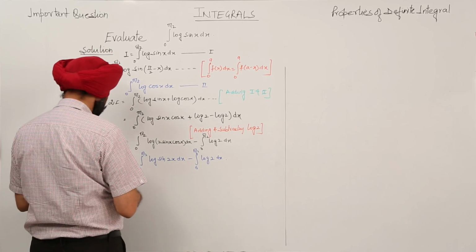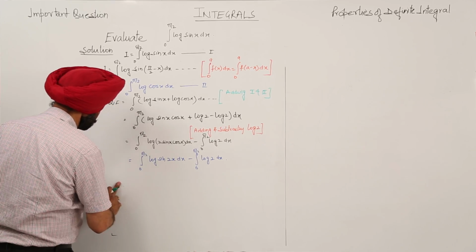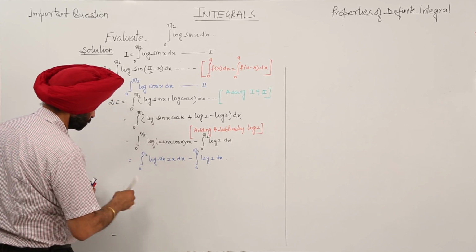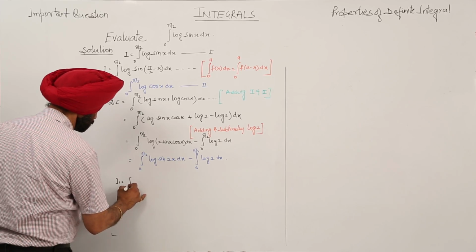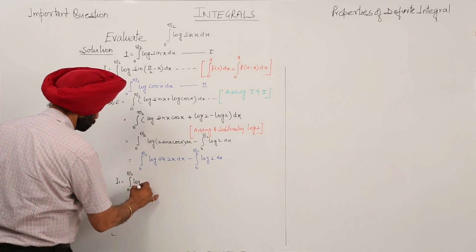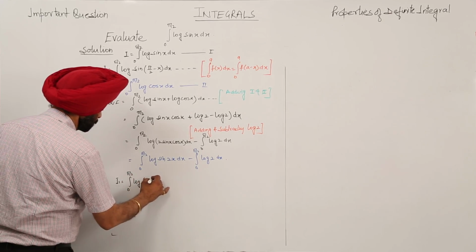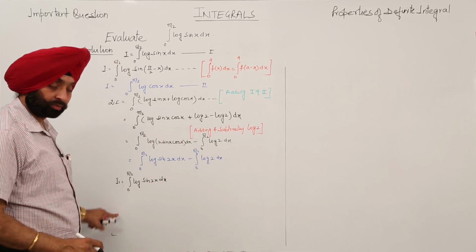Now I1 is equal to the integral from 0 to pi by 2 of log sin 2x dx. Solving this part first.